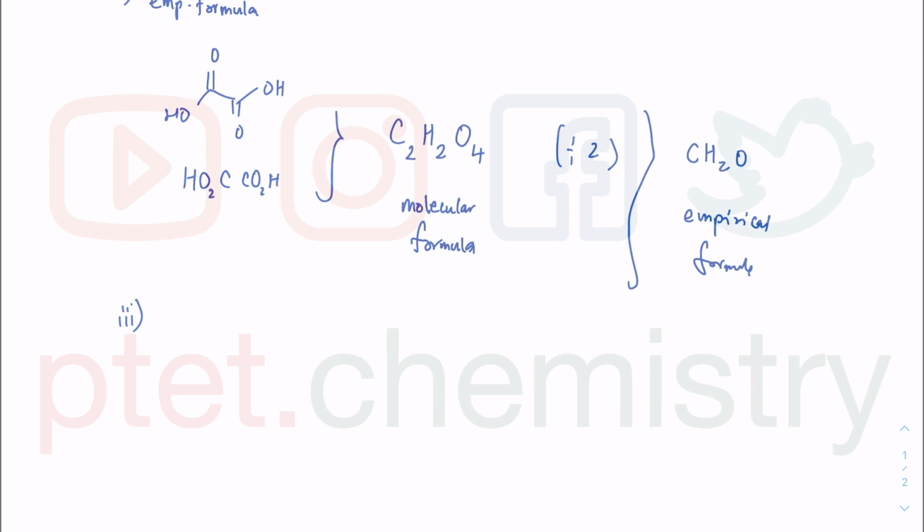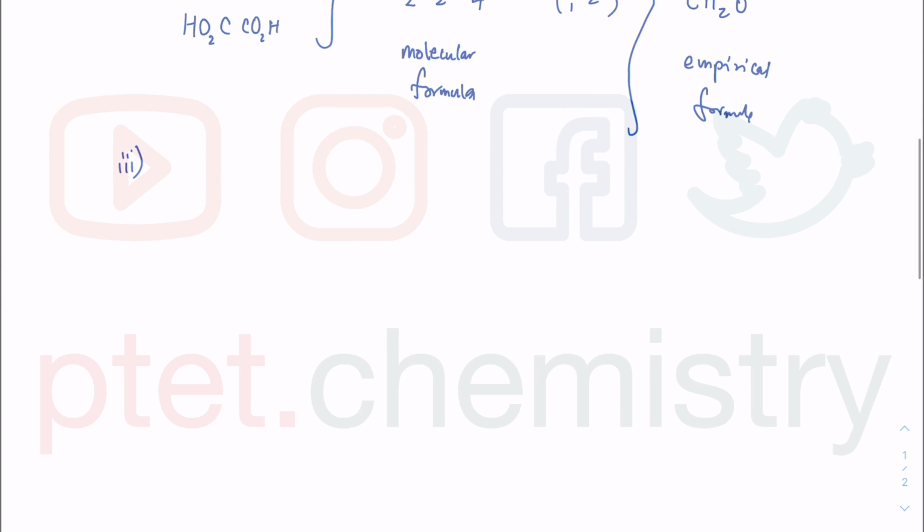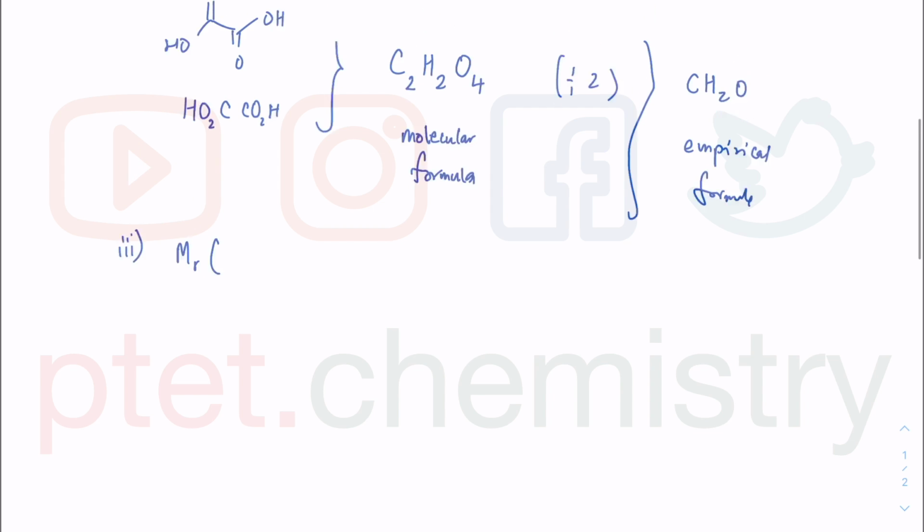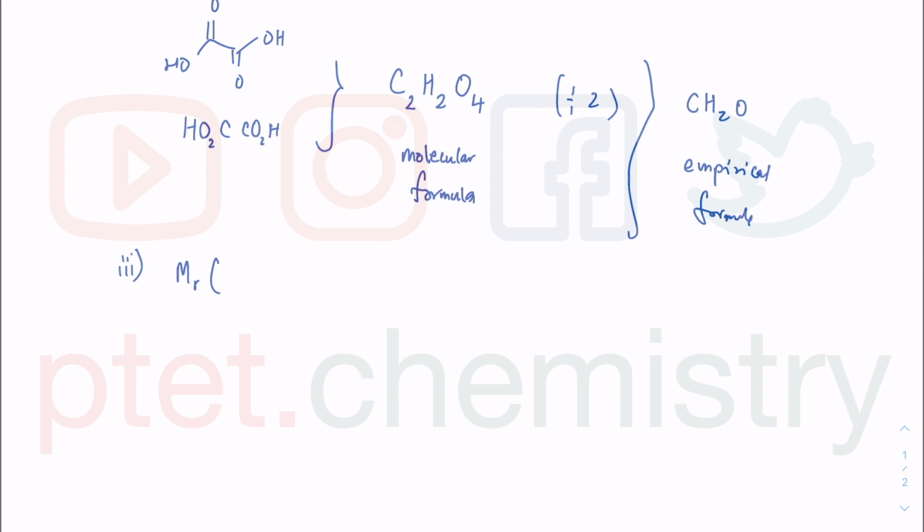Part 3, how many atoms of carbon are present in 0.18 gram of ethane dioic acid? The first thing we will do is find out the Mr. And since we have already worked out the molecular formula, we might as well just use it, because it's a lot easier to just count individual carbon, hydrogen, and oxygen. So 12.0 from the periodic table times 2, because you have 2 carbon, plus 2 times 1.0, plus 16.0 times 4.